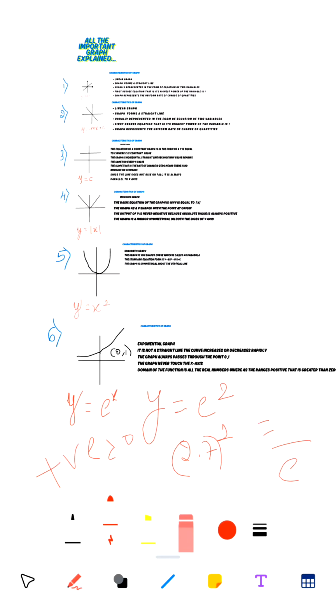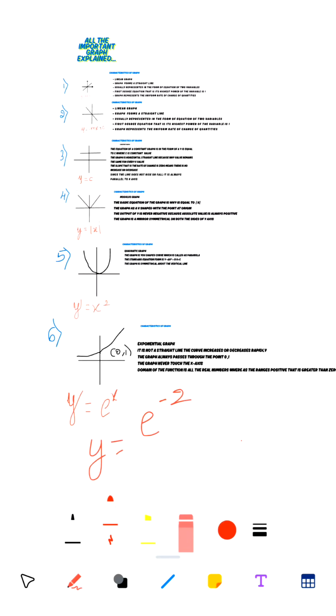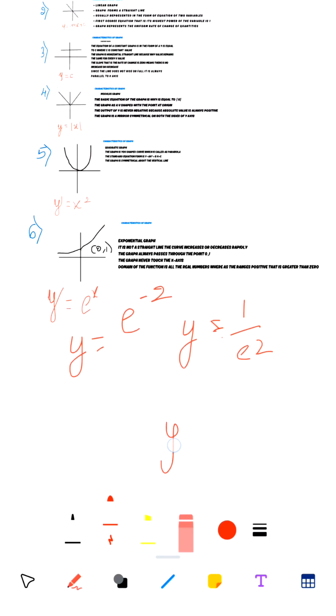Similarly, if I give negative numbers, I can consider all the real numbers. If I give x value as minus 2, what will it become? y is equal to 1 by e square. It goes to the denominator, so y is equal to 1 by 2.7 whole square.